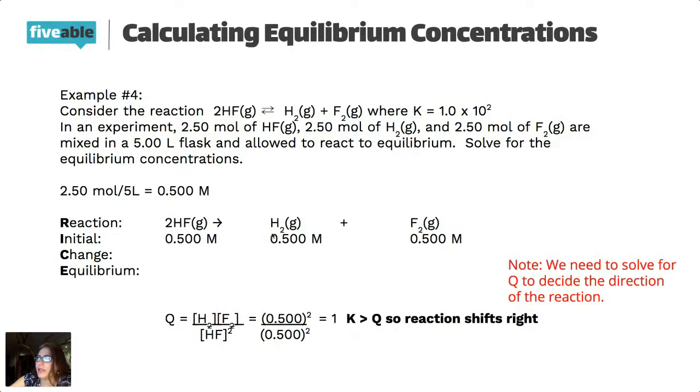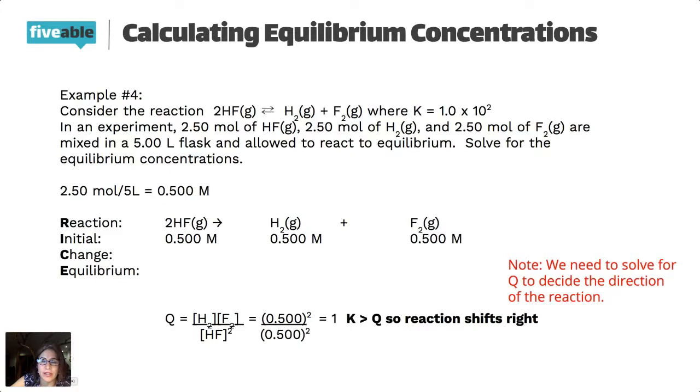But if they give you concentrations of all the species, please don't forget to solve for Q first, because there are some tricky questions. That Q will determine if the change is negative for the reactants and positive for the products, or the other way around. Exactly. Very good.